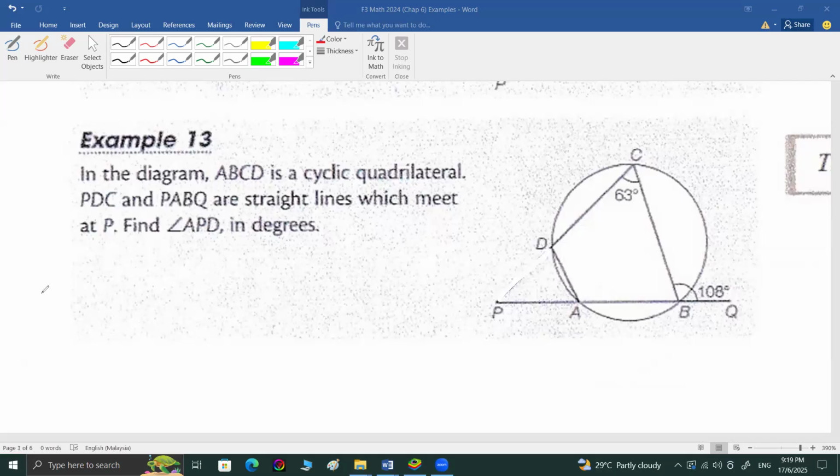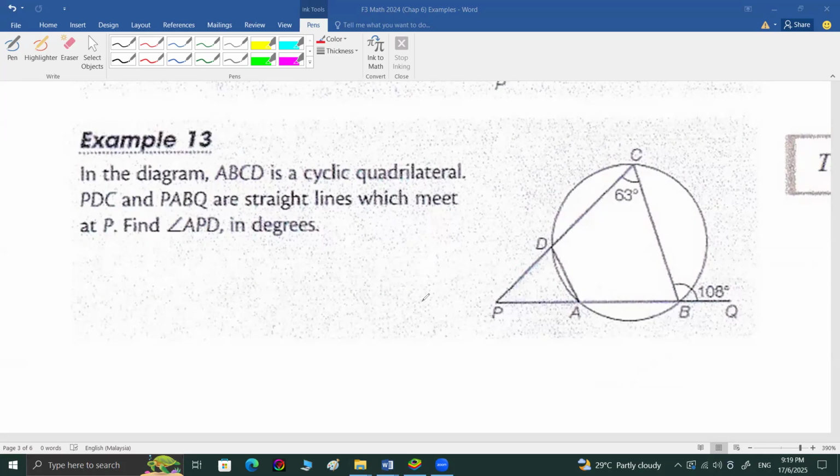Or if I delete this, same, you can see I draw the outside one. Get that? So class, let's see what the question asks.